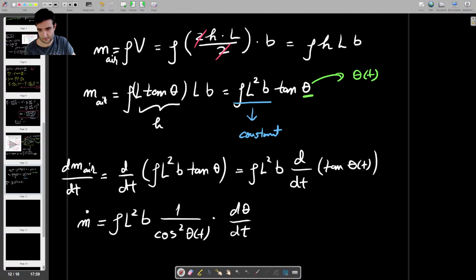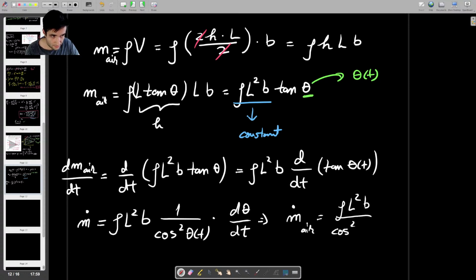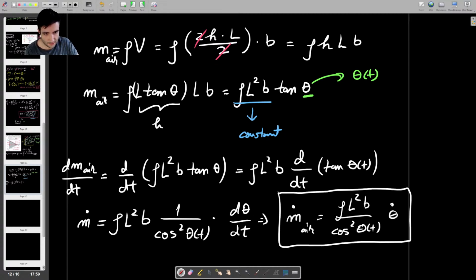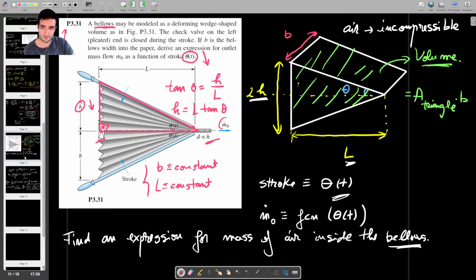So finally we can say that m dot air equals rho L squared B divided by cosine squared of theta times theta dot, and that's it.